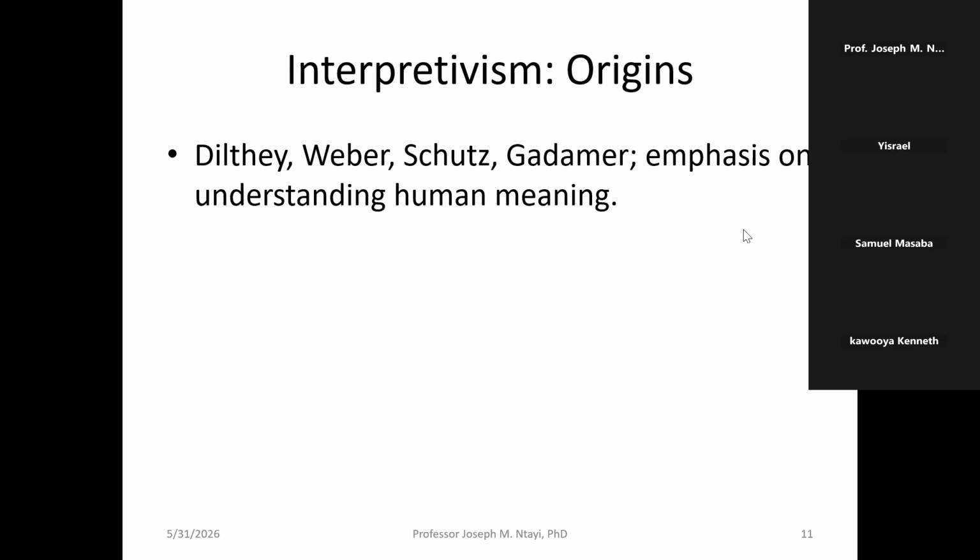And of course, if you take this view of interpretivism, ladies and gentlemen, you will discover that the proponents of this philosophical paradigm actually believe that human beings are likely to differ fundamentally, and there's a fundamental difference between human beings and physical objects.